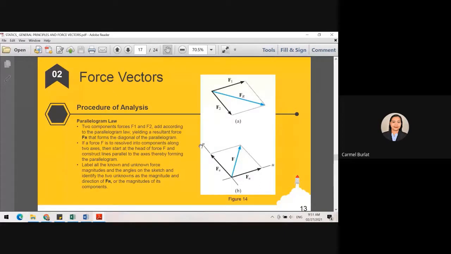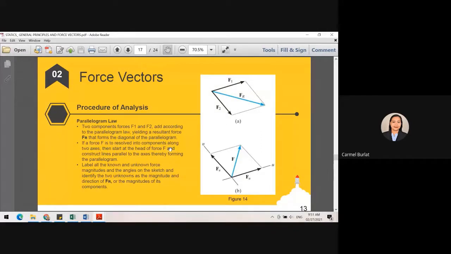So, add according to the parallelogram law, yielding a resultant force FR, this one, that forms the diagonal of the parallelogram. So, this is the diagonal of the parallelogram, and this is equal to your resultant FR.